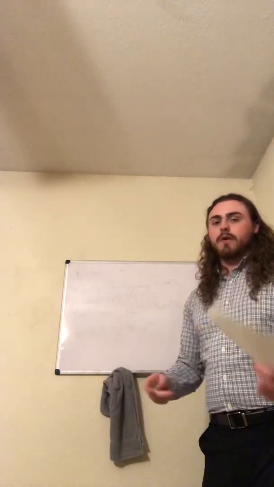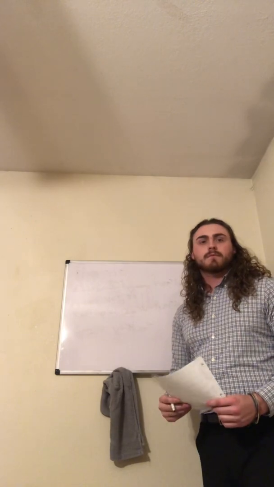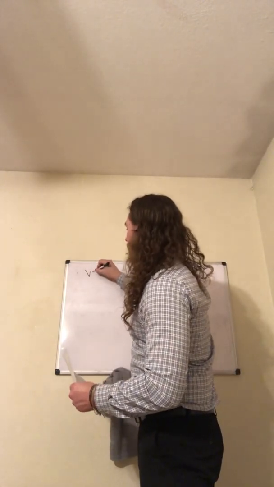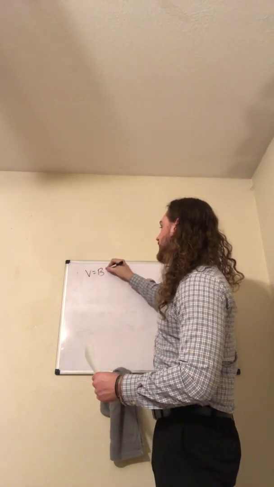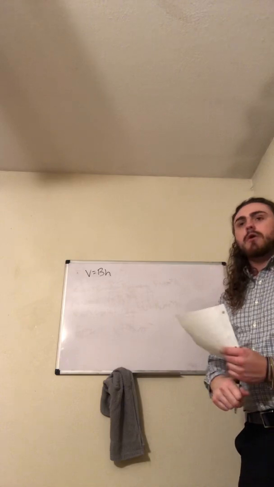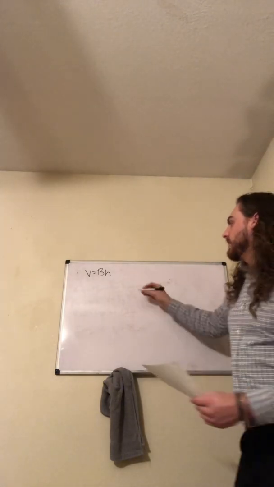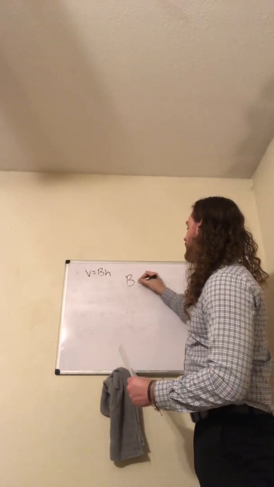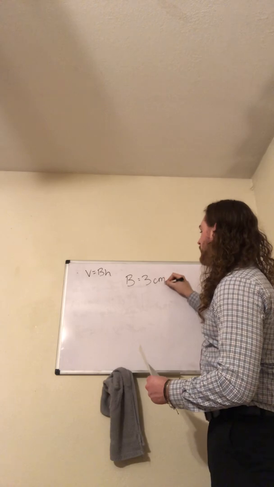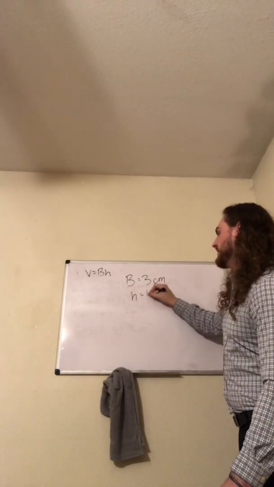So we will start off with a prism. Now, can anybody give me the formula for a prism again? Yes, sir. Yeah, it's volume equals the base times the height. So what if I gave you a prism with a base of 3 centimeters and a height of 6 centimeters?